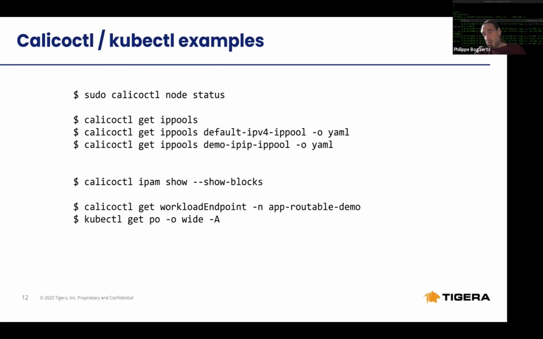Most commands on this page will allow you to use both. Sometimes calicoctl shows you a little bit more information, or in an easier way than you might get it from kubectl. So the first command typically is calicoctl node status. It will give you an idea about the nodes in your cluster and whether BGP is working as expected.